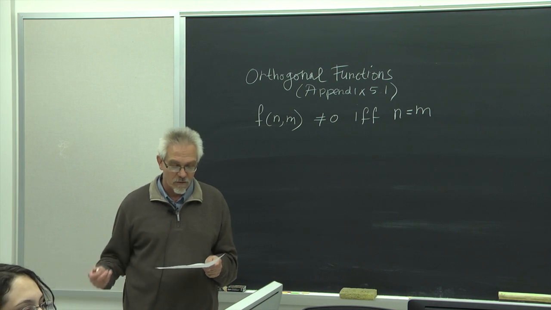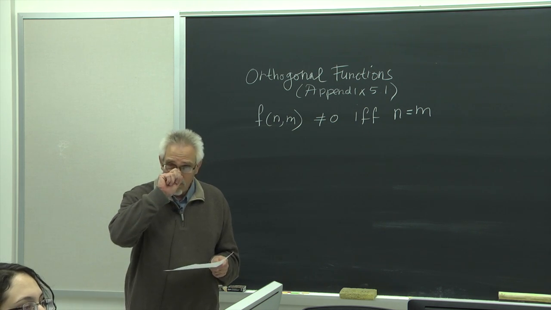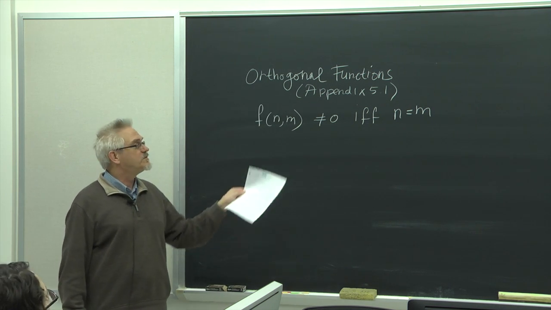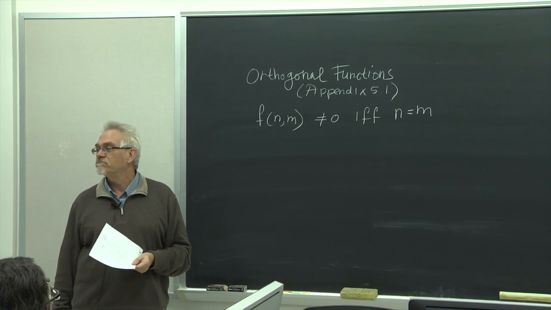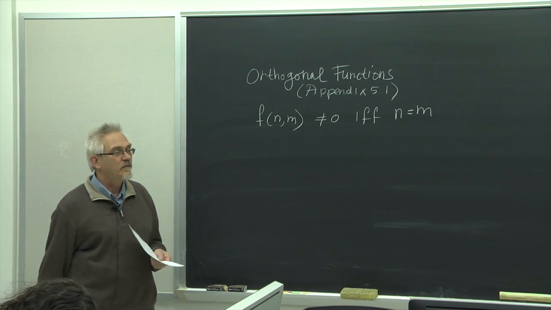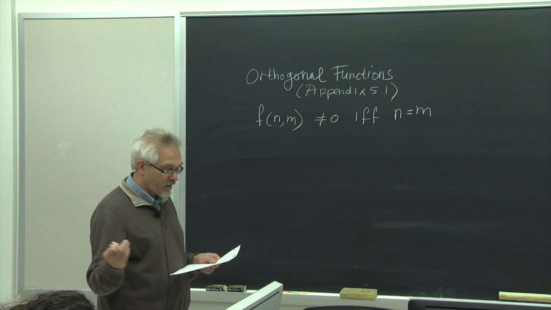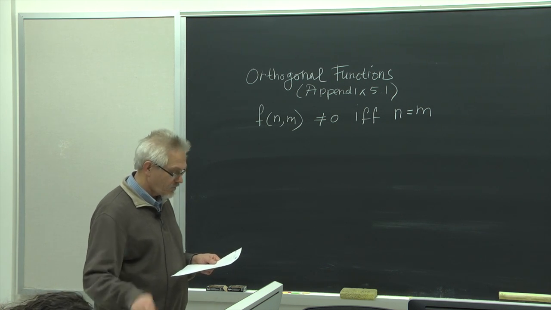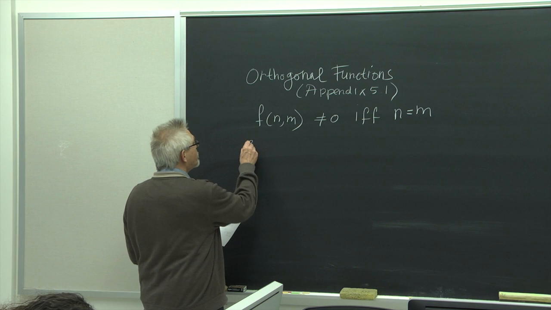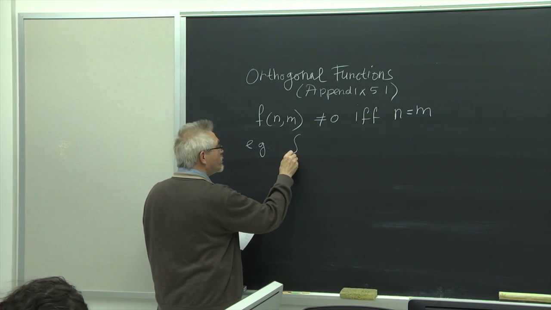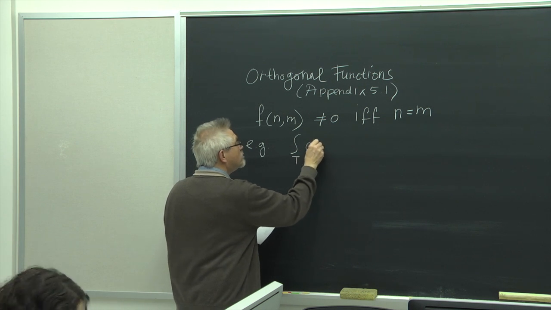And we're going to look at a couple of examples. You call it, by the way, orthonormal if the non-zero value is equal to 1. So if it's equal to 1, it's called orthonormal. We are dealing here with orthogonal ones, so I'm not going to talk about that much further. One example of such an orthogonal function that we will deal with a lot is this one.